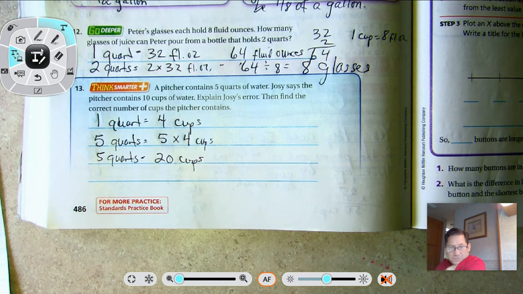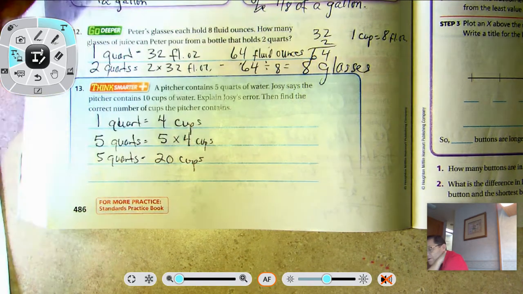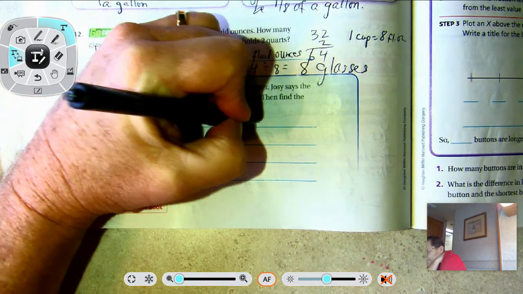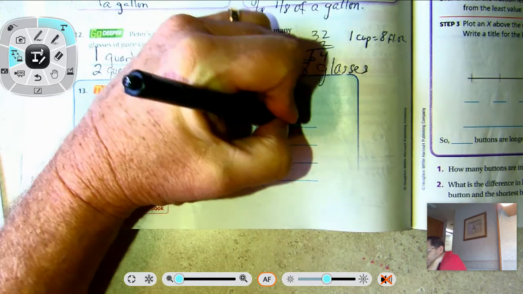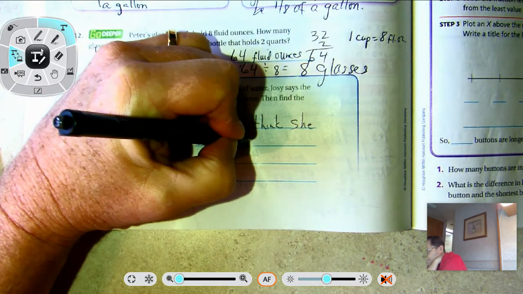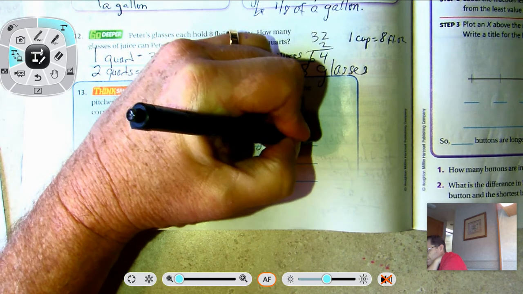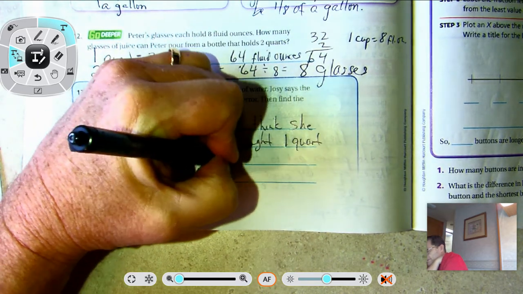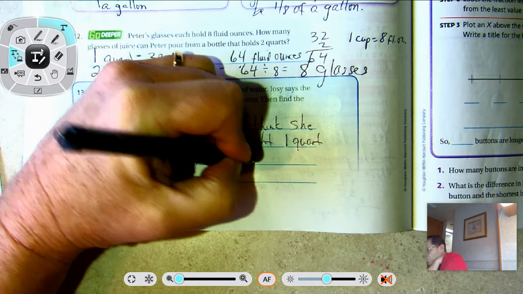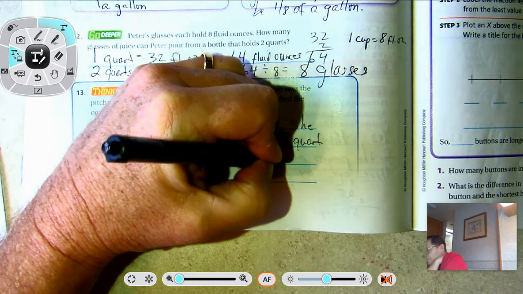Well, I'm going to assume that she thought every quart had 2 cups. So I think she thought 1 quart equals 2 pints.